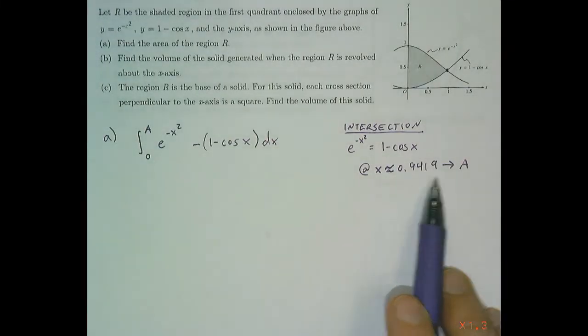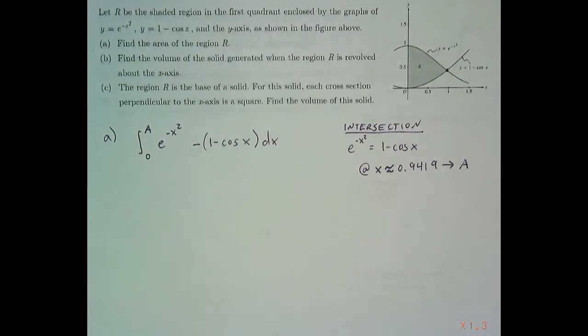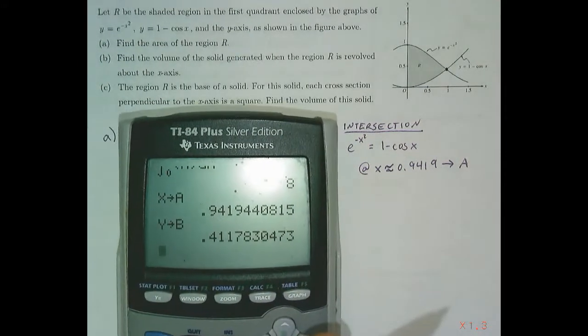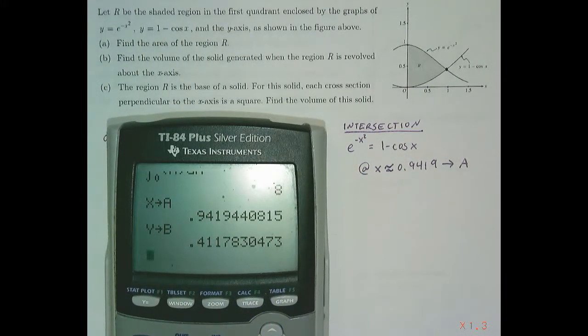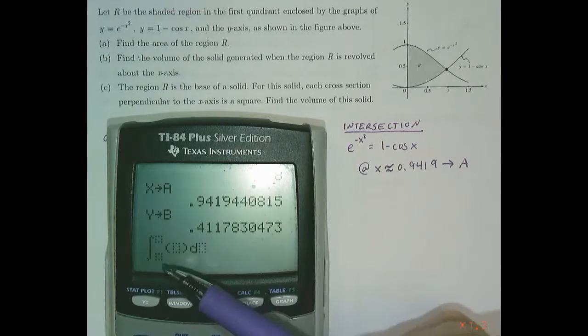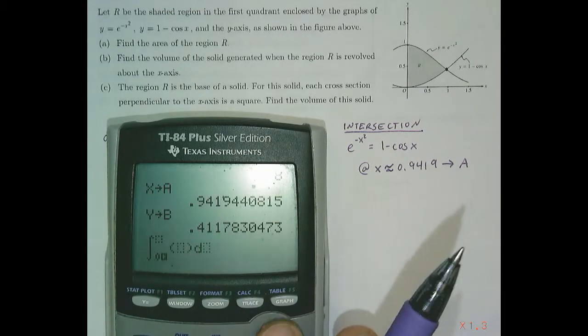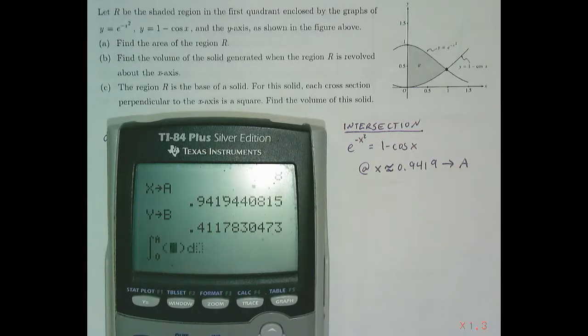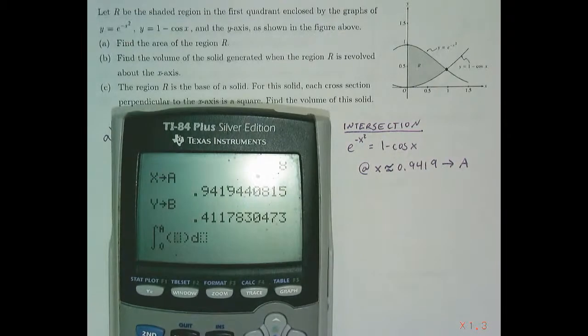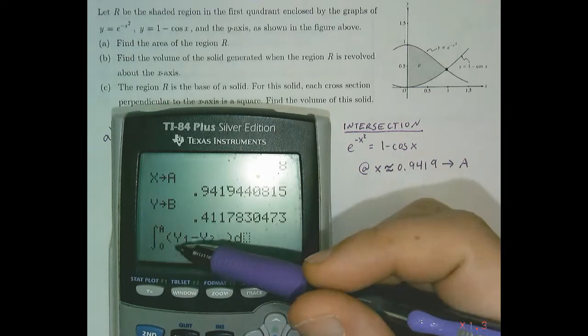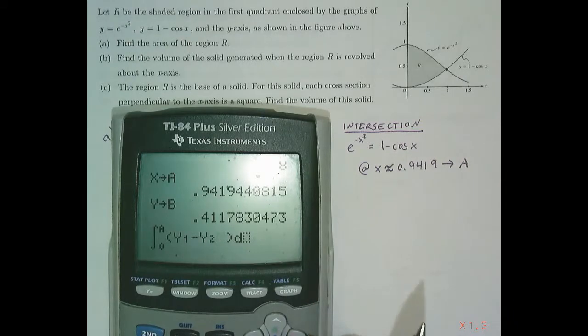Now that we've found the value and stored it under a, we can use our calculator to also evaluate the integral expression. So by pressing Math 9, we pull up the definite integral. We're going from 0 to a, and our top curve I stored in y1. So by pressing alpha trace, I can pull up the y1, and then alpha trace again will pull up y2. That allows me to access the pre-typed in equations.